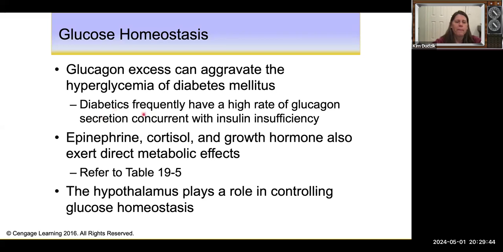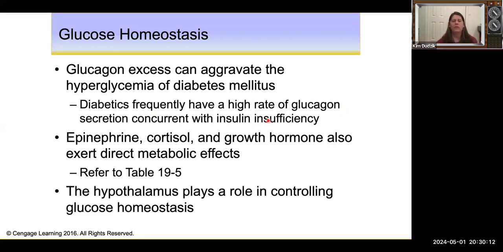So diabetics, again, frequently have this high rate of glucagon secretion concurrent with their insulin insufficiency. So oftentimes in conjunction with the insulin therapy, injecting insulin into the bloodstream, it might go along with something called somatostatin therapy, because somatostatin can inhibit glucagon secretion.